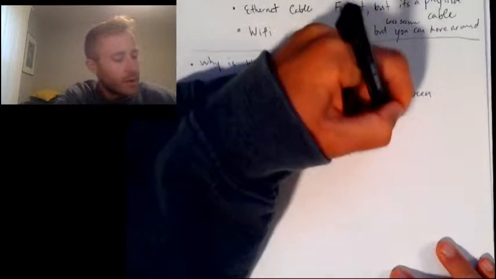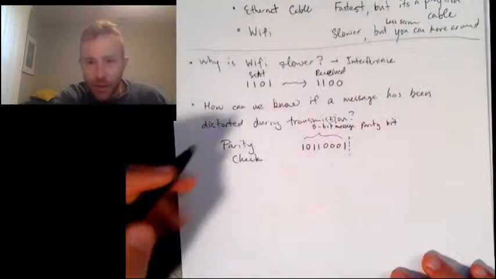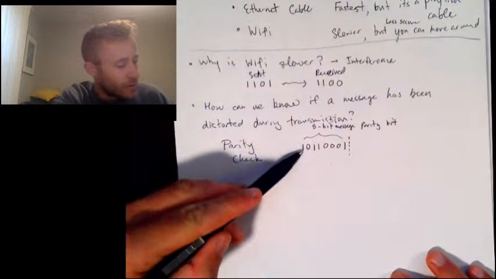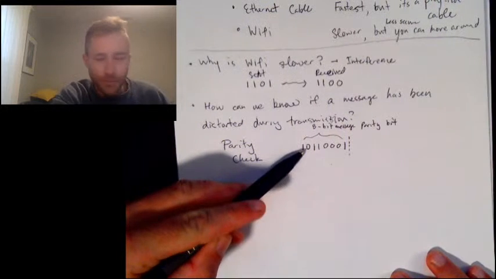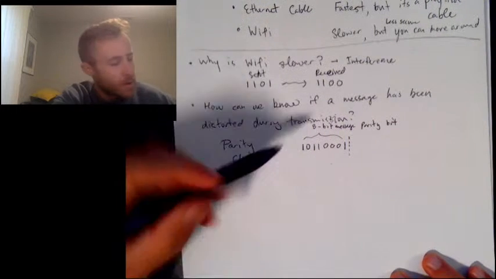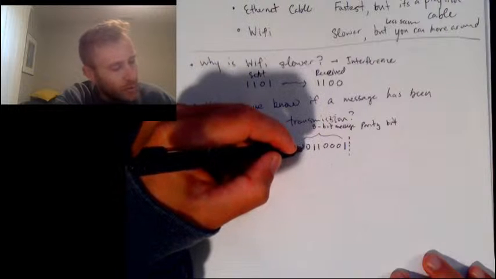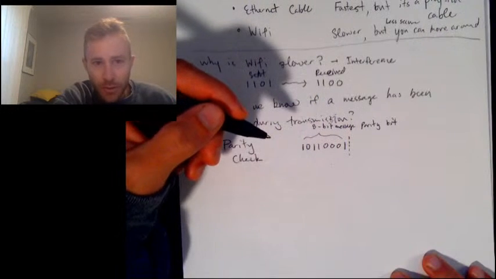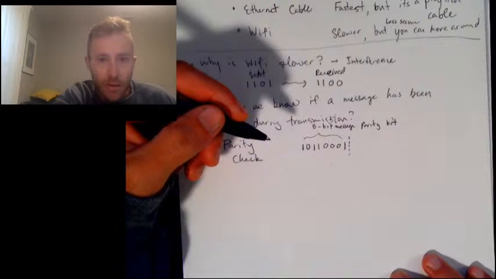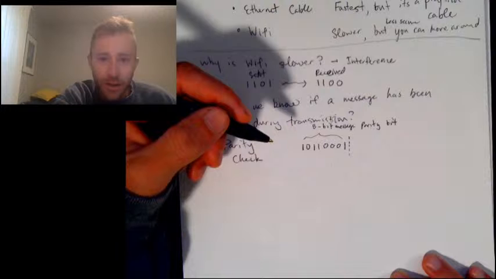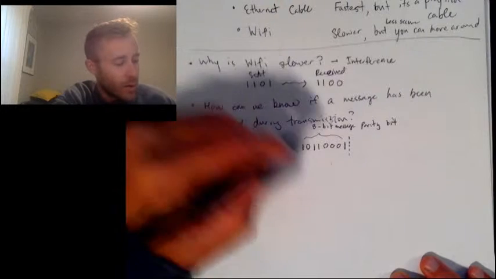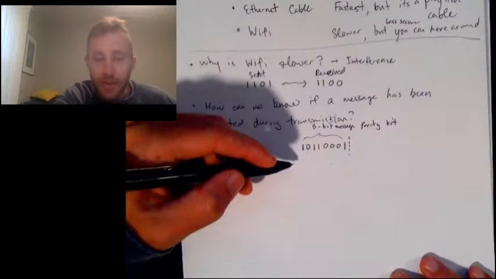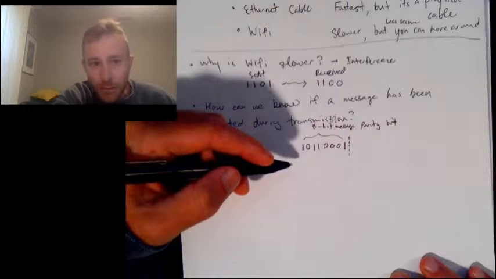And what the parity bit does is it looks at all the bits in the message, and if an even number of bits are 1, then the parity bit is 0. If an odd number of bits in the message are 1, then the parity bit is 1.